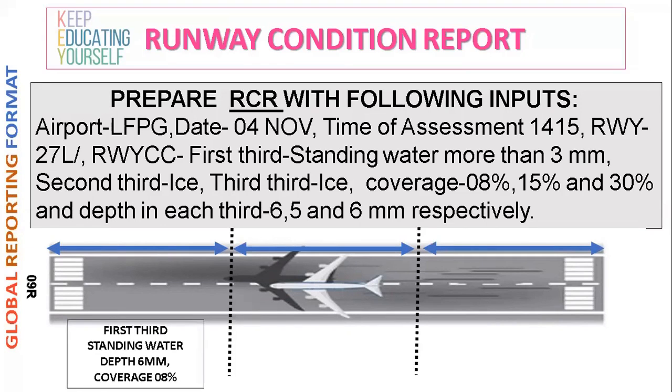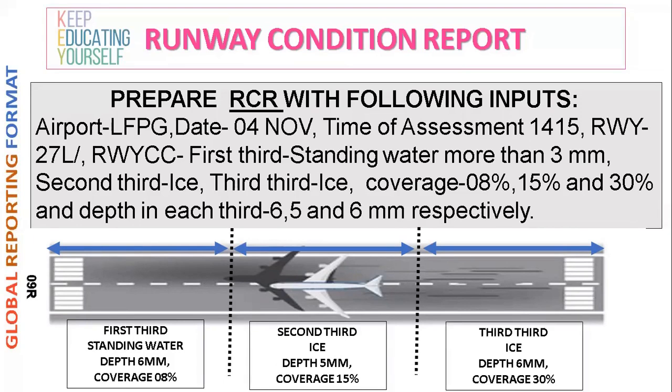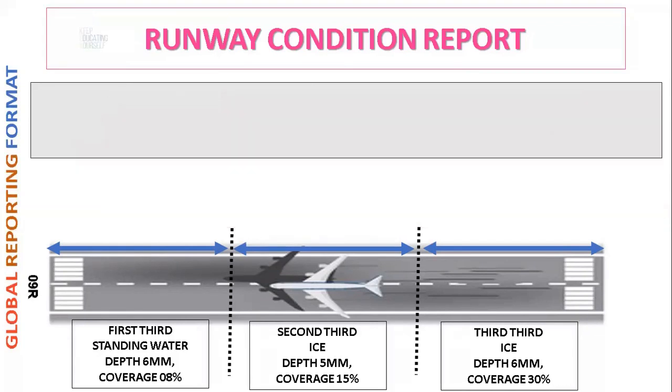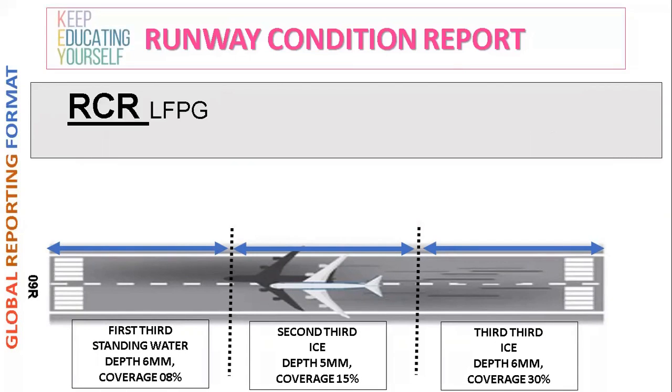Then we will write first third, it is standing water, depth 6 mm, coverage 08%. Second third is ice, depth 5 mm, coverage 15%. Third is ice, depth 6 mm, coverage 30%. So now one by one we will solve.